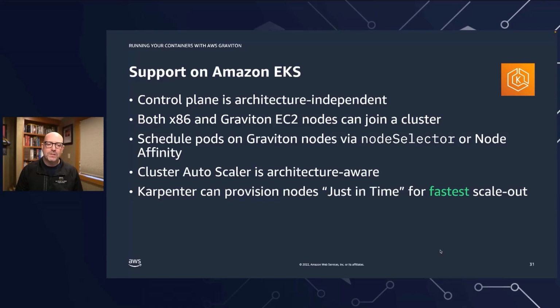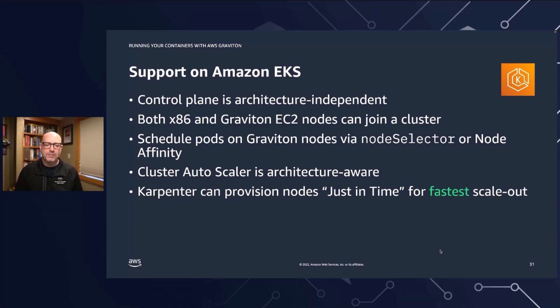Karpenter, which is a node autoscaler for AWS, was recently announced at re:Invent 2021, and it can provision nodes just in time for the fastest scale out. Karpenter is architecture aware and will immediately provision Graviton nodes that closely fit pods as soon as they're launched, if additional nodes are needed.